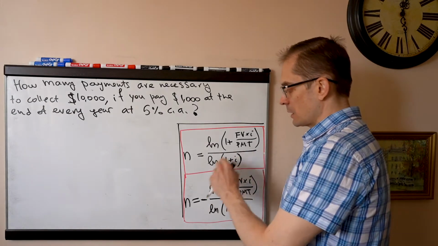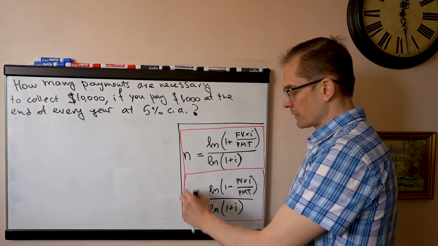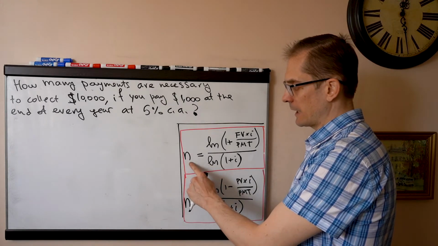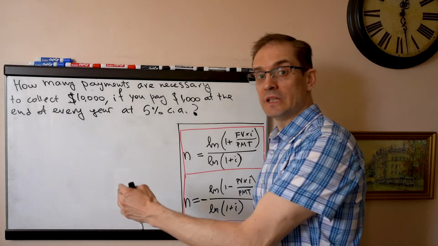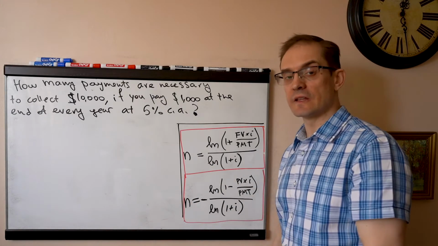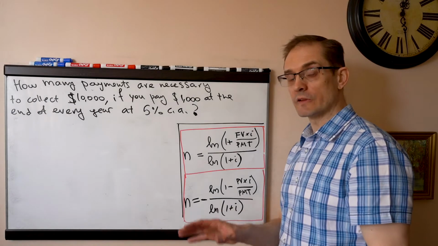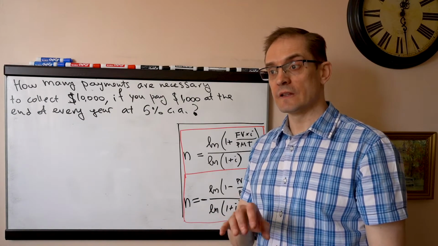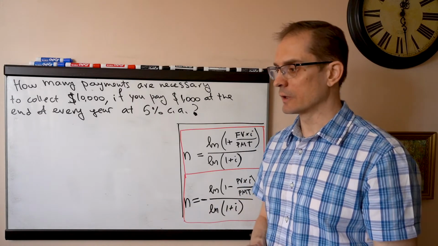These formulas give you n, but what does that n mean? That n means the number of payments. Remember that, that's very important. So this n means in these formulas the number of payments, okay?